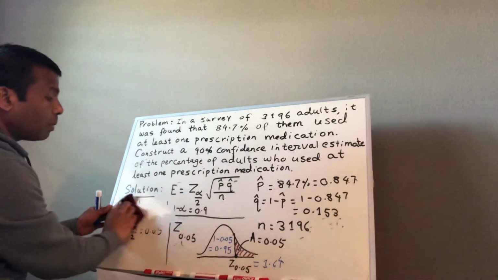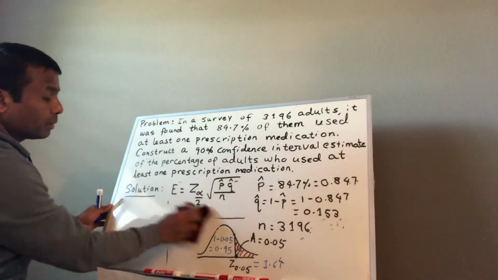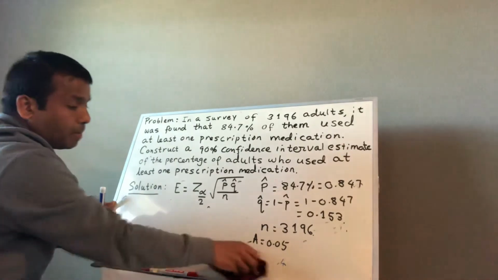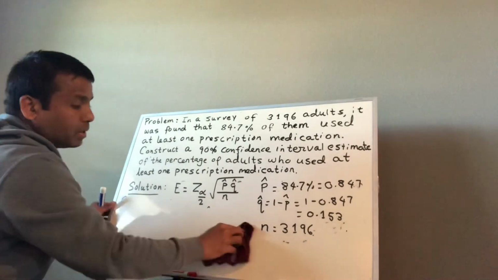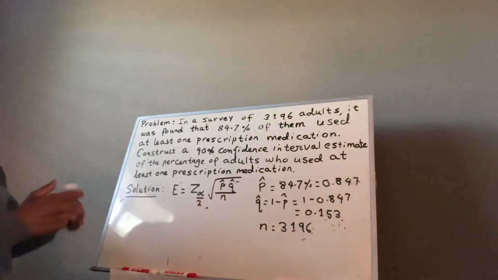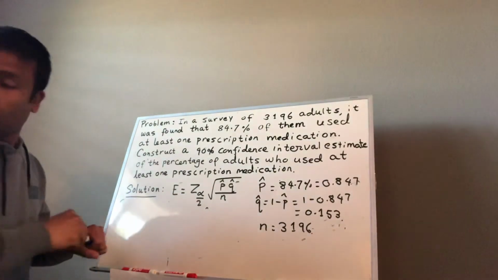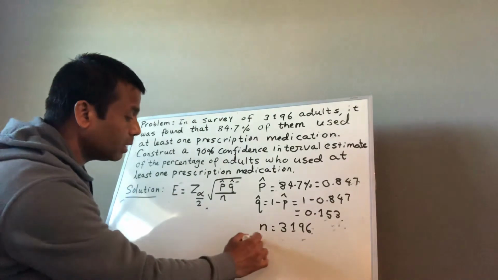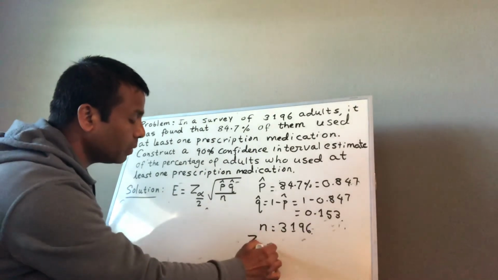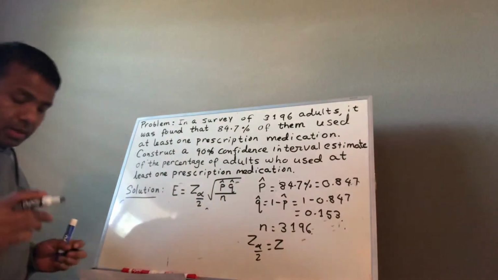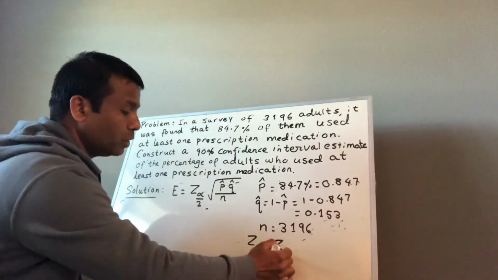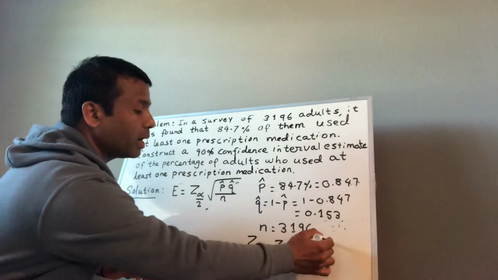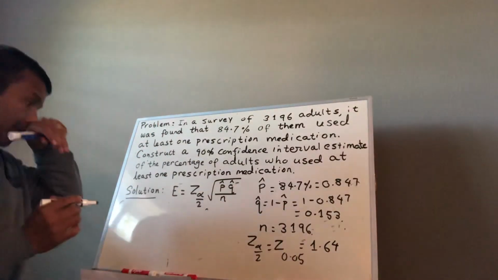So let's plug in those values in this formula. Z alpha over 2 is Z.05, which equals 1.64, right?